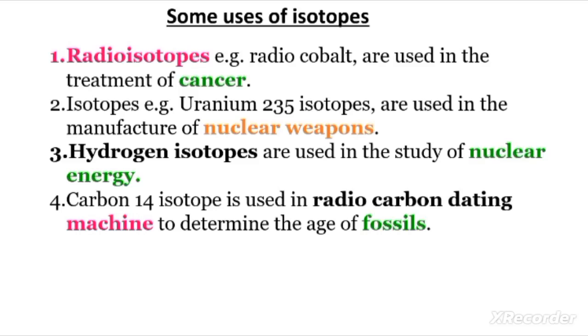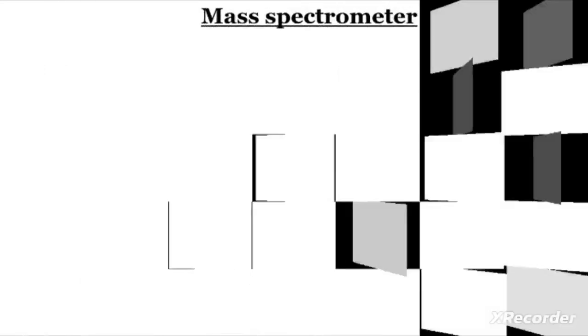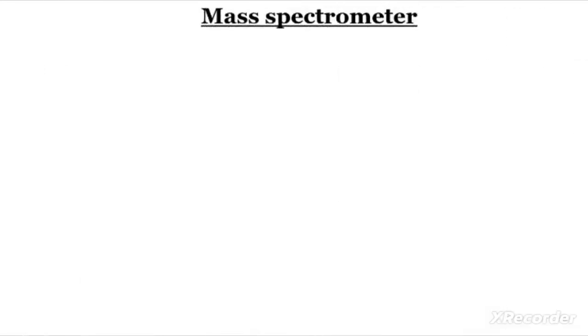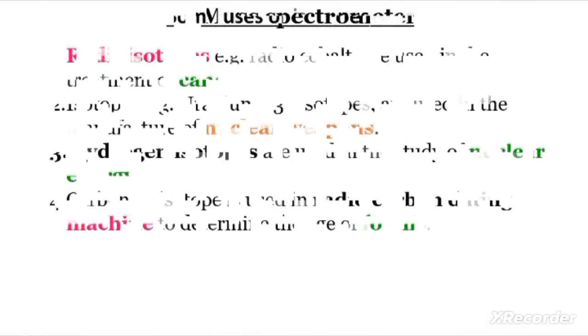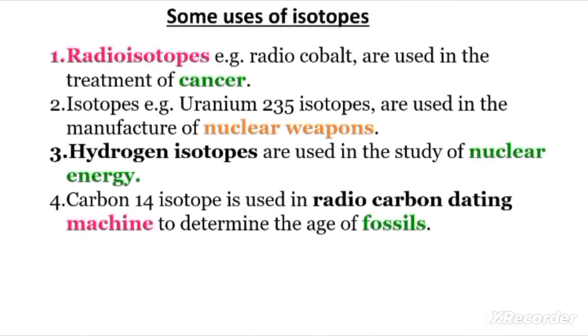So these are uses of isotopes. We have seen that isotopes are very useful according to what we have presented here. By the way, you are free to pause the video and assimilate the information given on the screen.